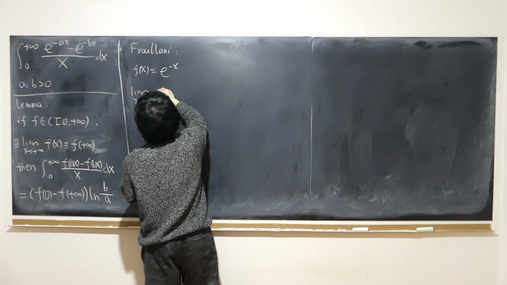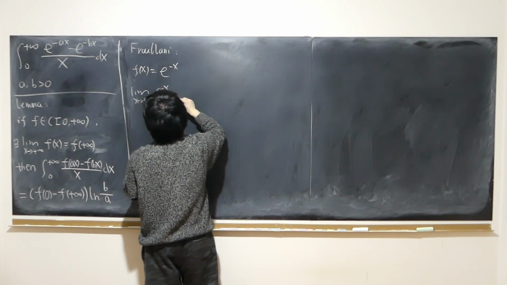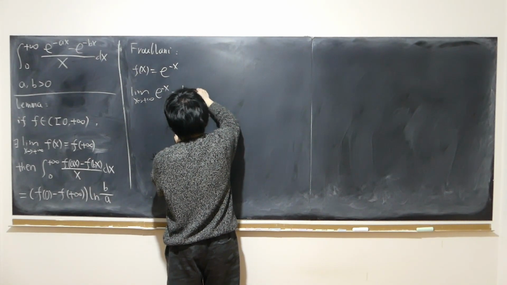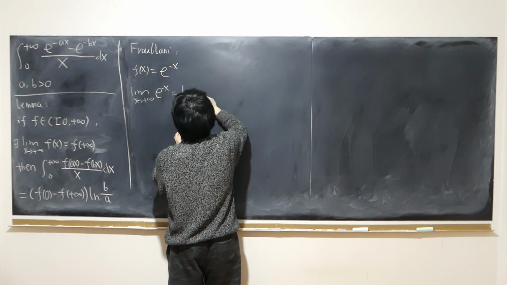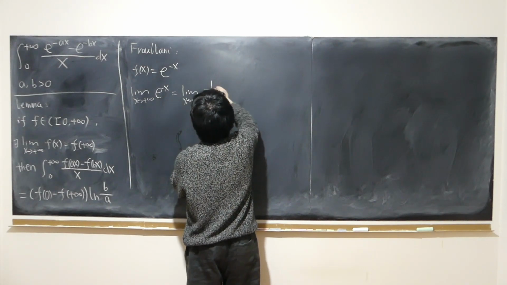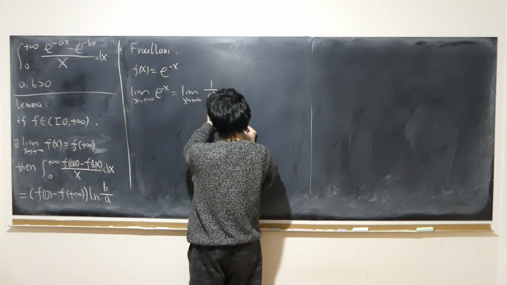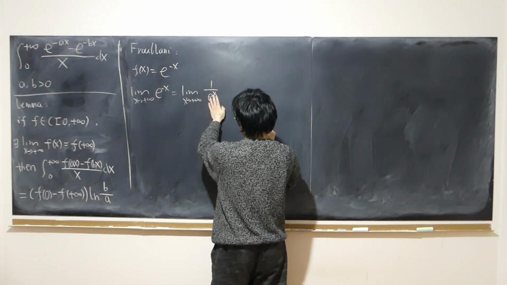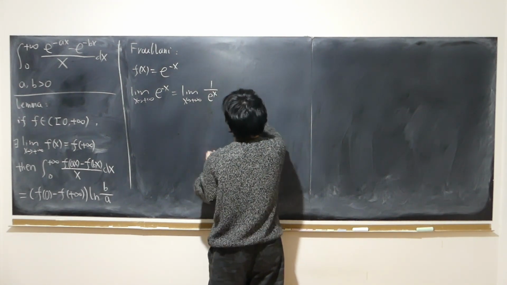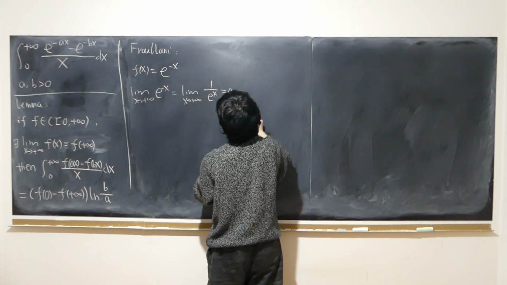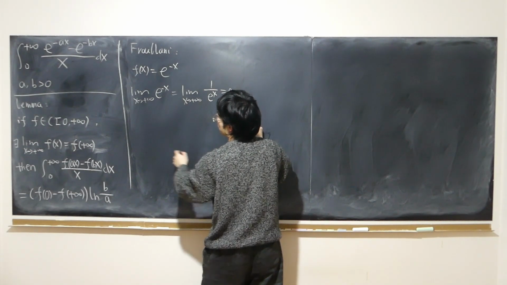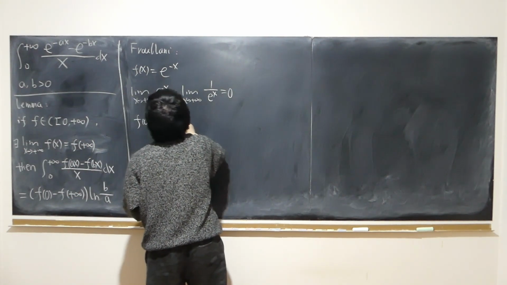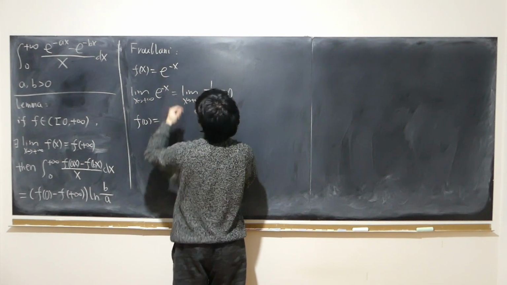This is equal to 1 over e to the x. As x approaches positive infinity, the bottom approaches positive infinity, so the whole thing approaches 0. What is f of 0? f of 0 is e to the 0, which is just 1.